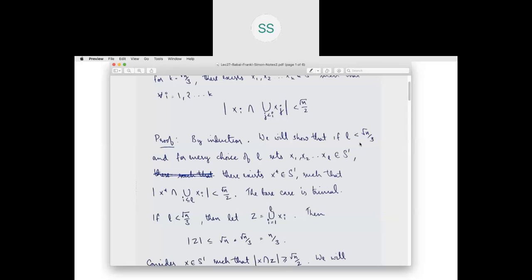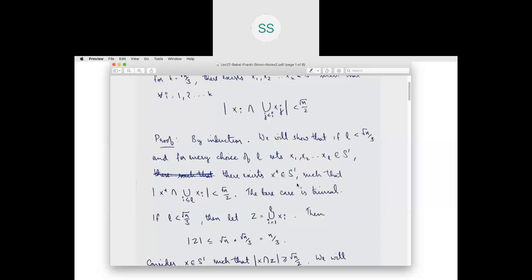Then we will show that we can add another x star to S prime such that x star intersects in at most square root n by 2 positions in the previous xi's. So if there is x1, x2 up to xl, where l is strictly less than square root n by 3, then we can add an x star to this set which meets the required condition. And the base case is trivial because when you add x1, there is nothing, so it already meets this property.